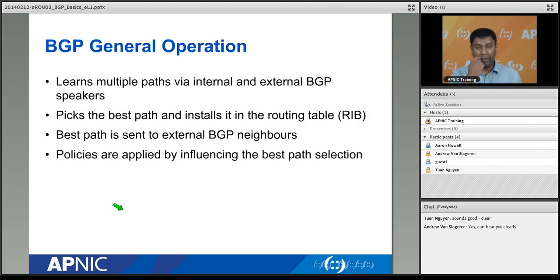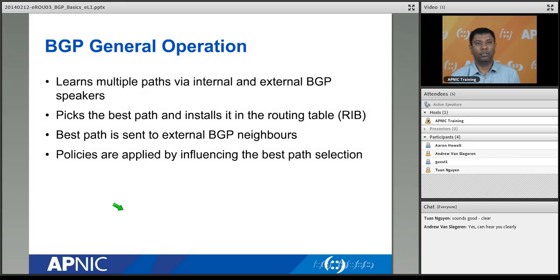BGP general operation. How does BGP normally operate? When you configure BGP, you need to configure BGP peers. Peers means the neighbors from which they will learn about the routing.